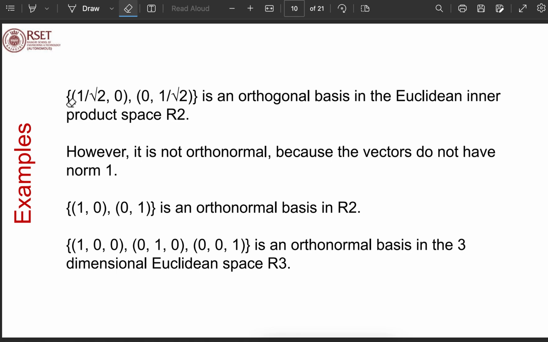Let's consider one example. Consider R², the space R² over R, with the Euclidean inner product. We can easily verify that (1/2, 0), (0, 1/2) is a basis.